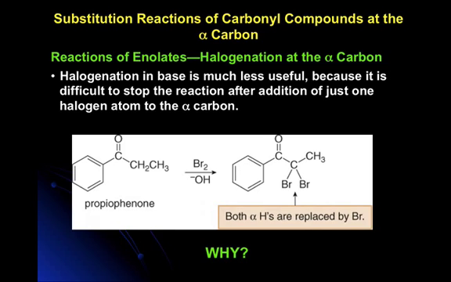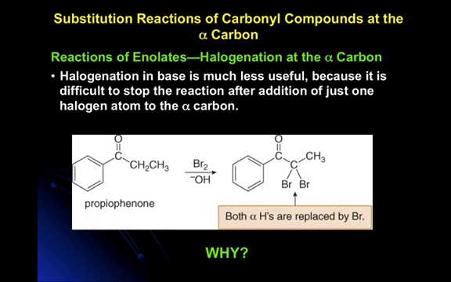See, we replaced one of the hydrogens, put a bromine there, and now this hydrogen is more acidic than in the starting material. Why is that? The bromine is electron withdrawing. That's right, it's electronegative. And so what's the effect of that on the acidity of that alpha hydrogen? It increases the acidity. That's right. So this is going to react now with additional base and generate the enolate again a lot faster than we did here.